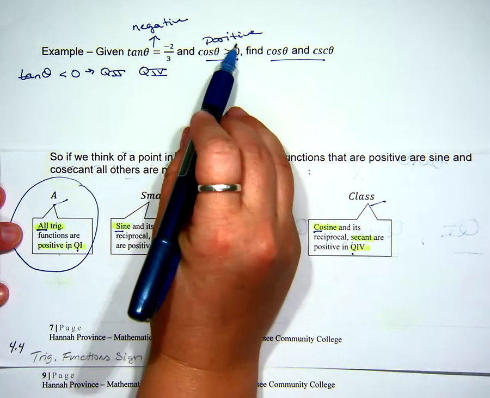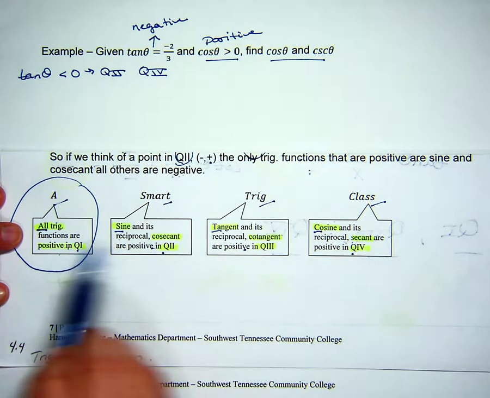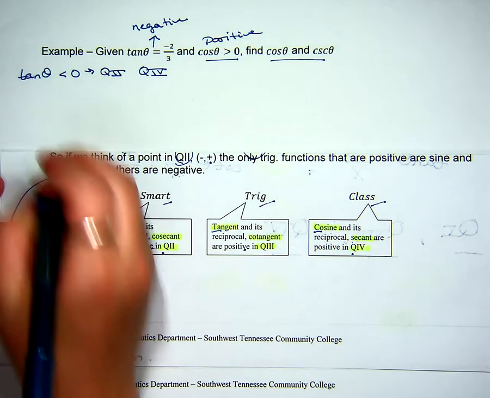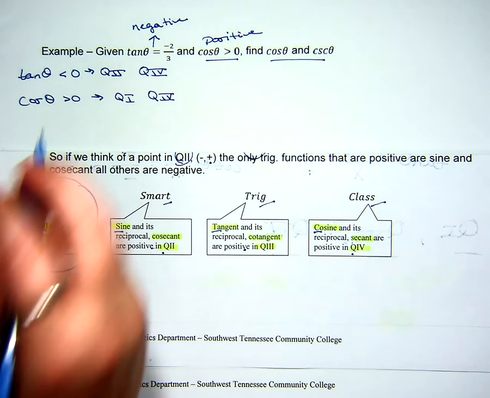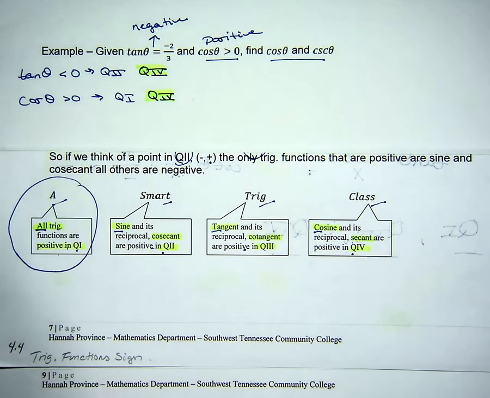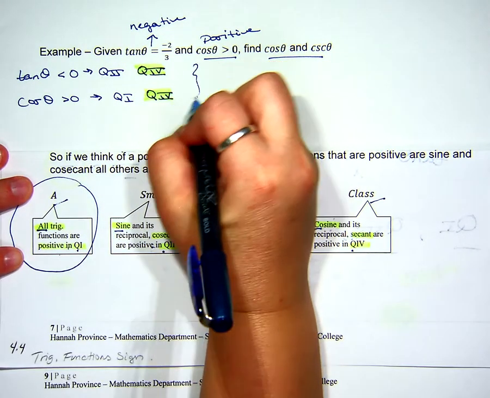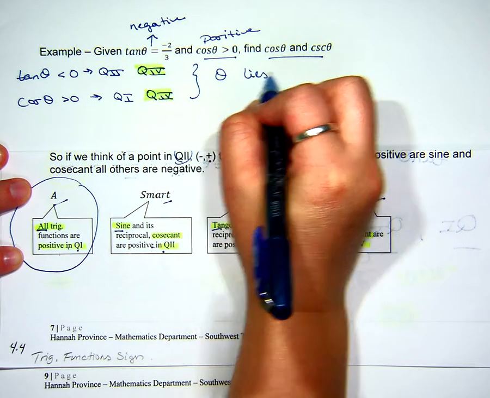Cosine is greater than 0, meaning positive, in 1 and 4. The quadrant that shows up in both is quadrant 4.